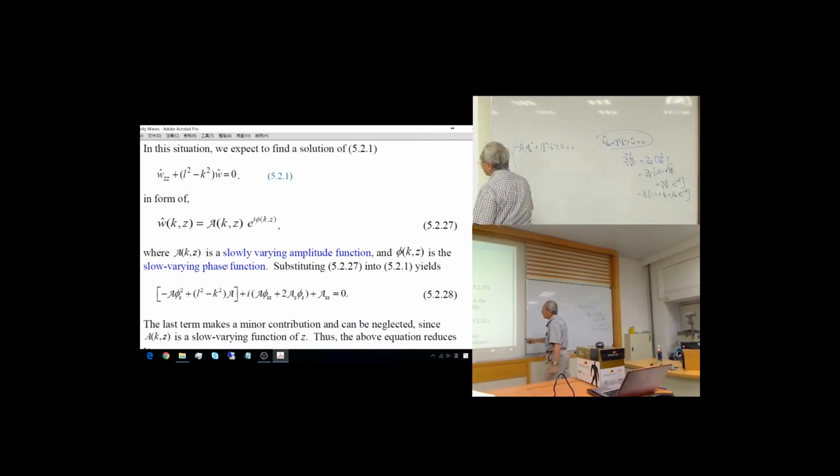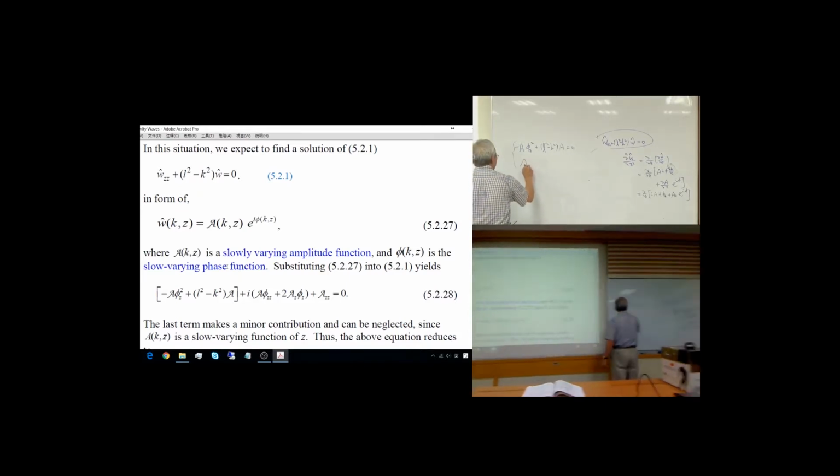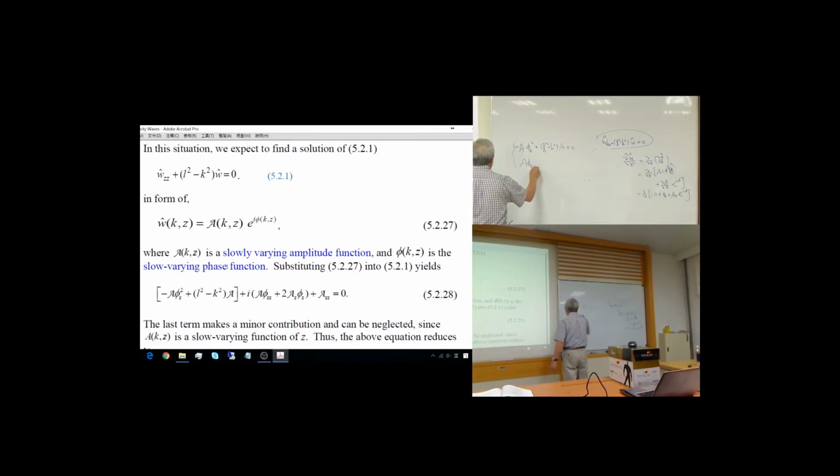And then the second part also equals 0, because of I. There's no way you can have these two equal to 0 unless each individual part is equal to 0. So then the second one will be A phi GG plus 2 partial A partial G, times phi G, equals to 0.